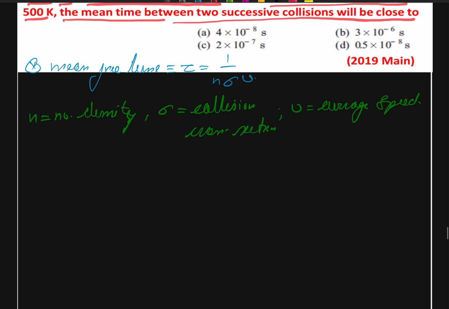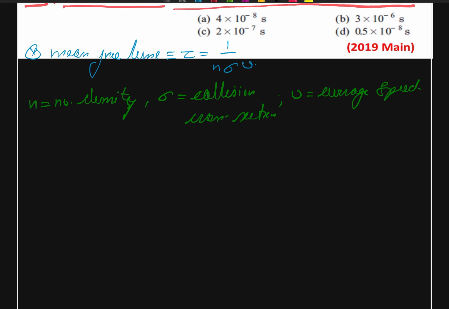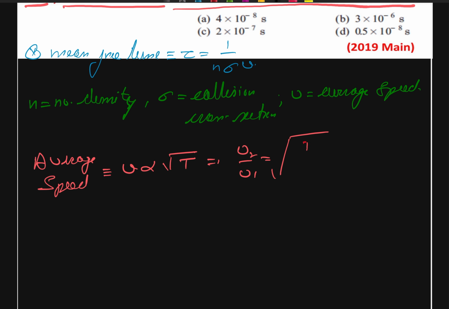And we know that the average speed V is proportional to the square root of temperature. Therefore we can write V2 upon V1 is equal to square root of T2 upon T1.